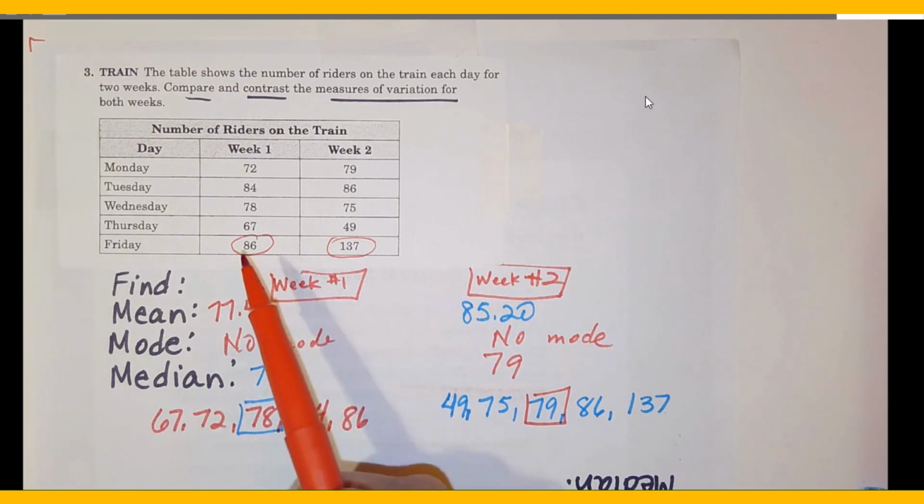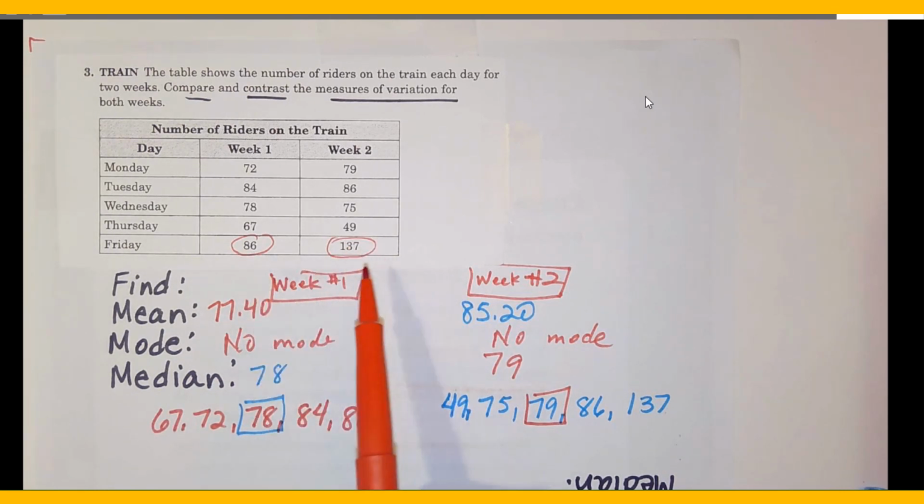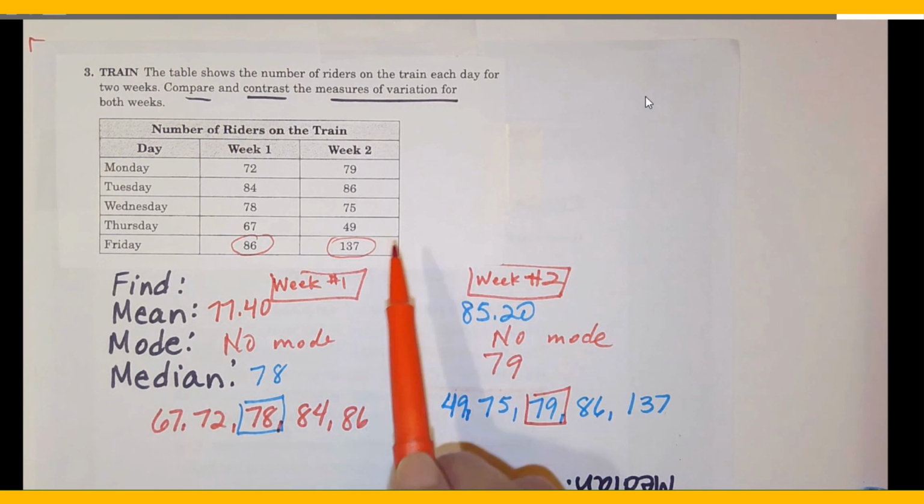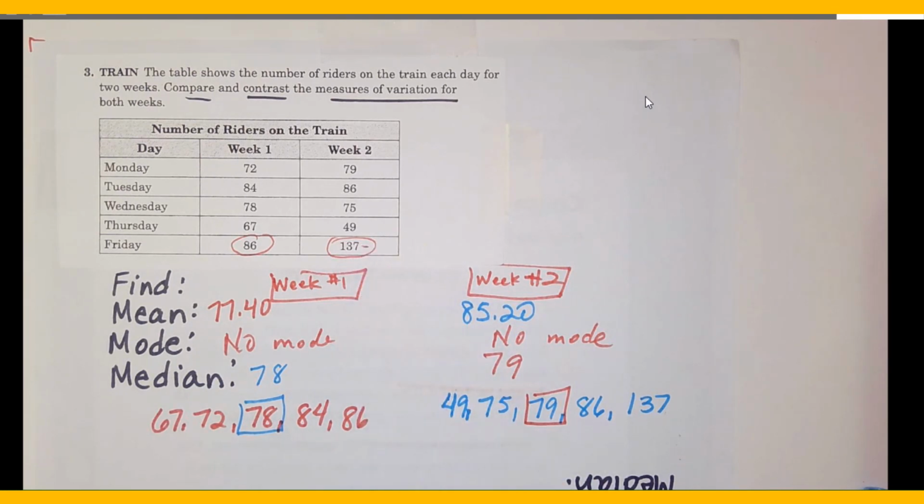So there's a lot of factors that come into play, and we can infer a lot by looking at the two differences here when you do a measures of variation. So I would say that 78 and 79 are pretty much, and 77 and 85, give or take a few here, they're basically the same. This is the one right here that threw it off, at 137 passengers.